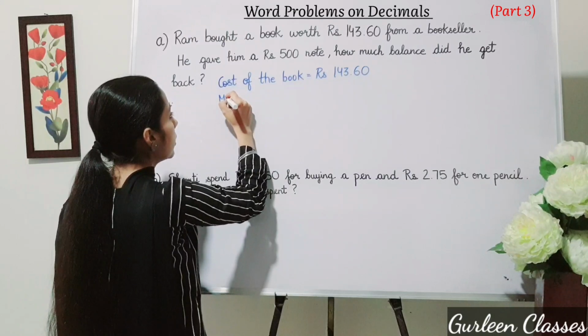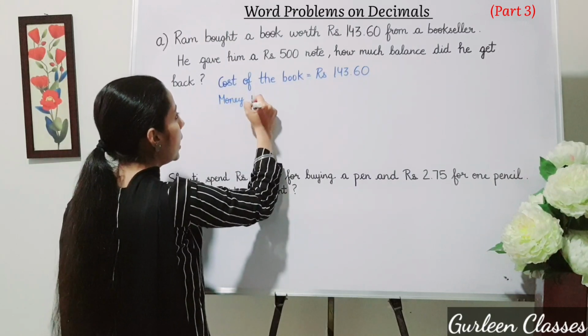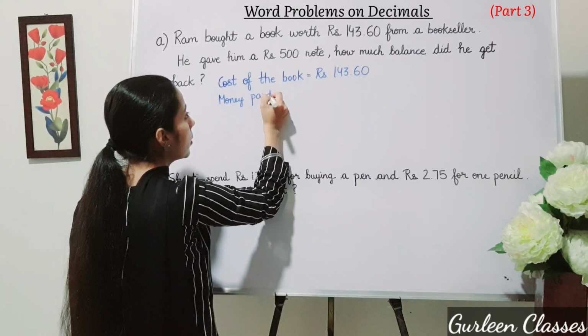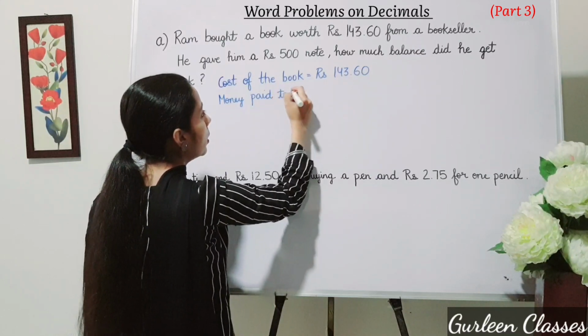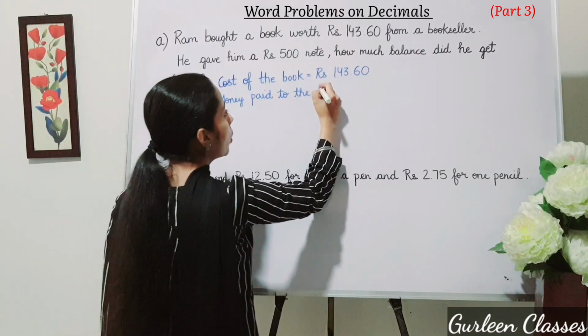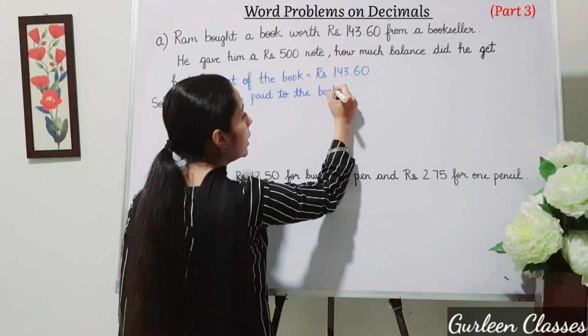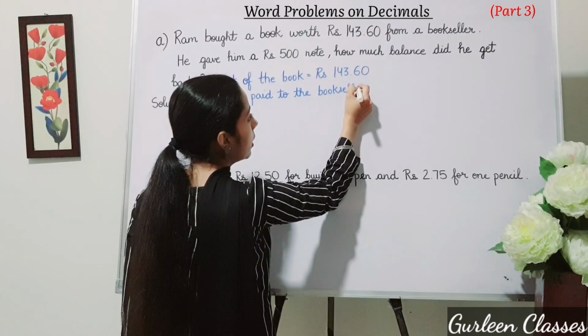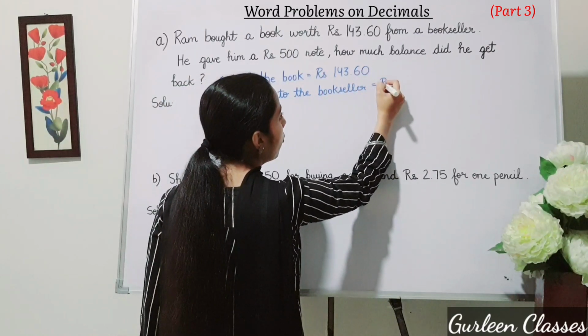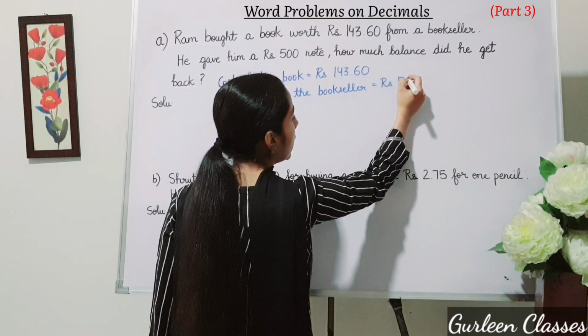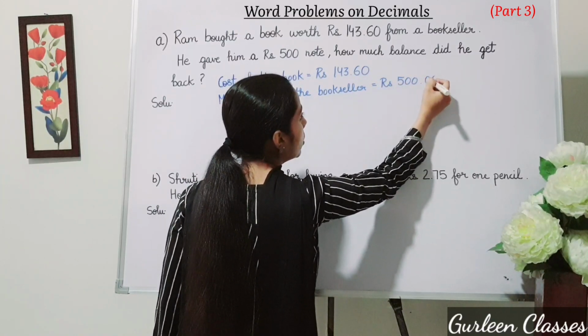Then money paid to the bookseller. How much money has he paid to the bookseller? Rupees 500. And to make it like a decimal, we will add 2 zeros.